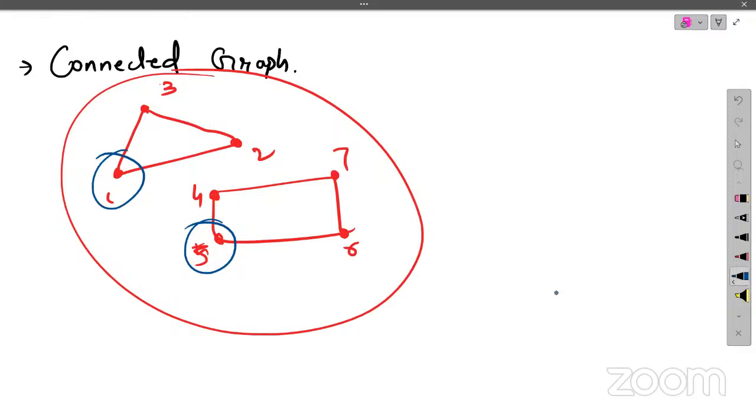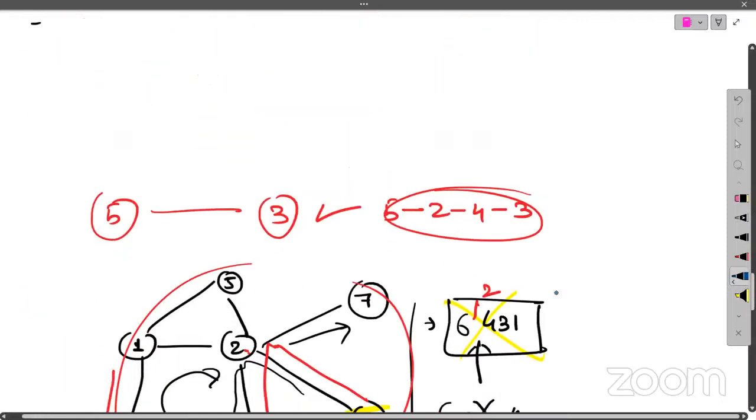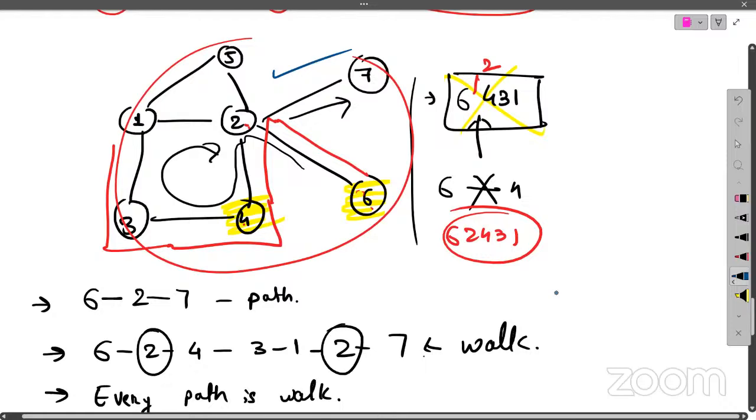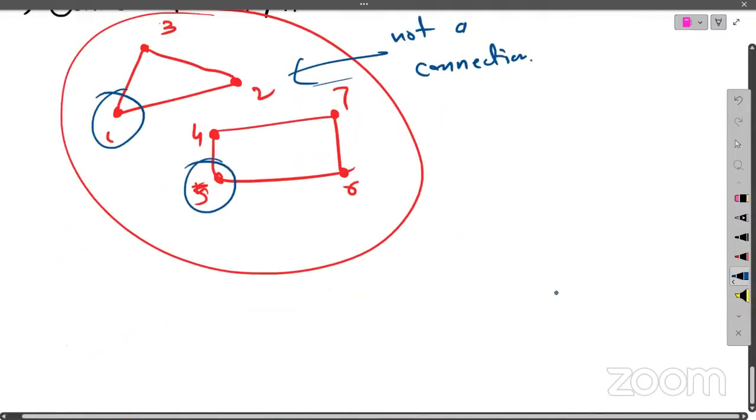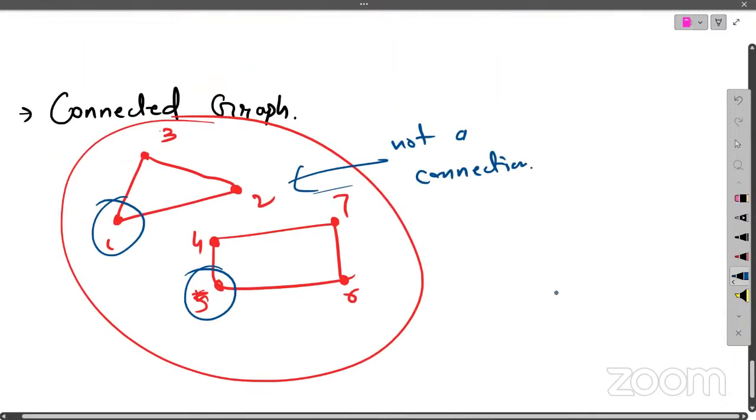We cannot reach these 3 vertices from these 4 vertices. So this is not a connected graph, because we cannot find a path between vertex number 5 and 1, or between any vertex in this rectangle and any vertex in this triangle. Such kinds of graphs are disconnected graphs. But a connected graph example is this one, where we can reach from any vertex to any other vertex using some path. Is that fine?